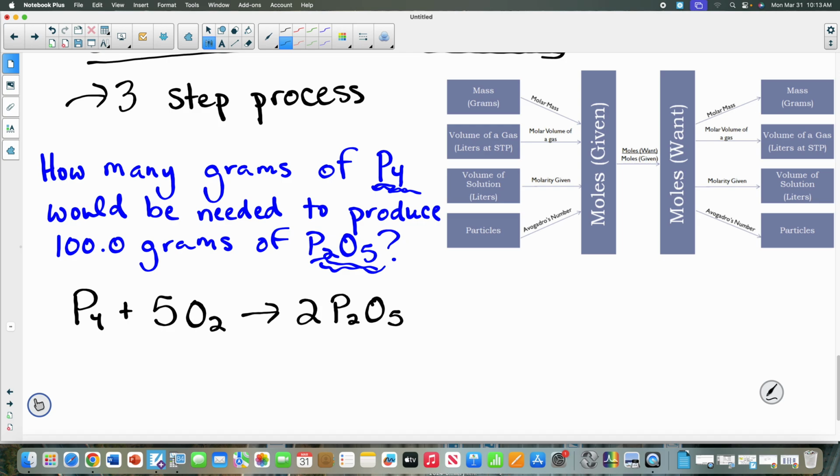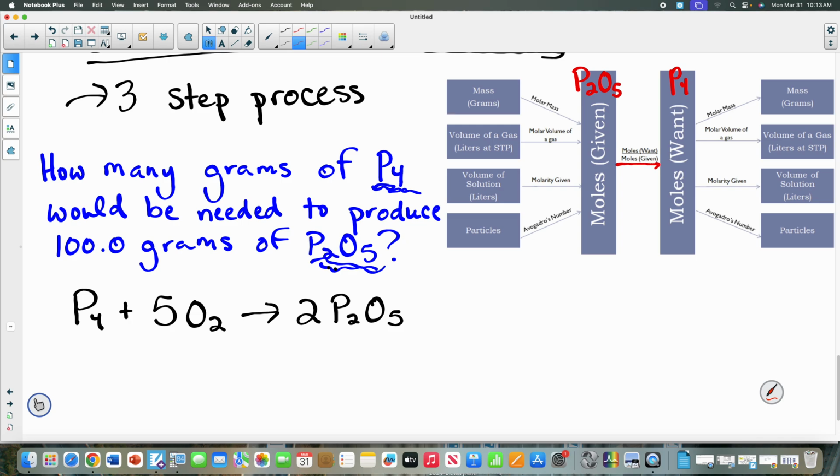Okay, so here's our balanced equation. And let's map it out. Alright, so our starting substance is P2O5. And the substance that we want to calculate is which one? P4. Good. So we have to get to this step.